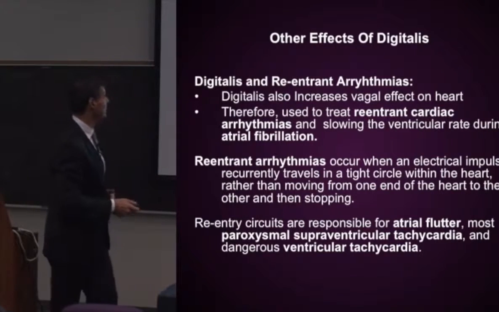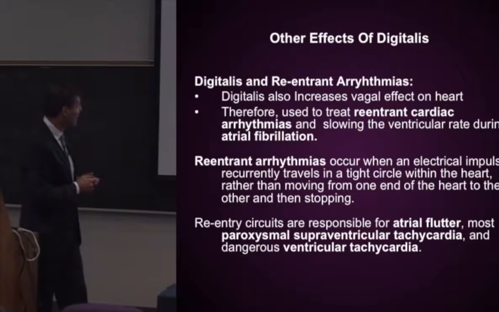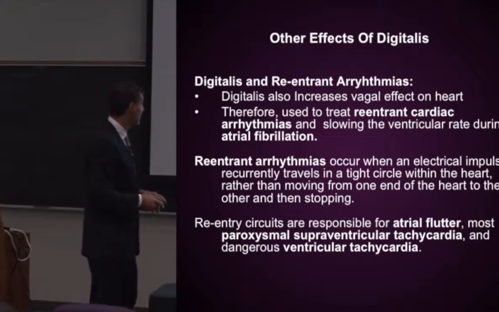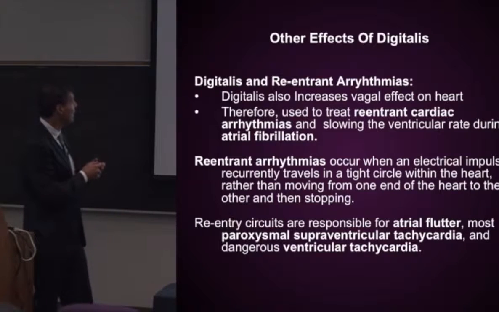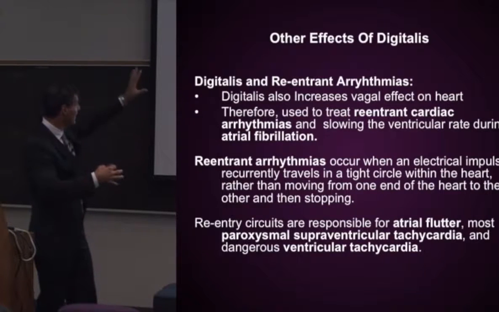By giving the person digitalis, you can tone that down and decrease the likelihood of atrial flutter and paroxysmal supraventricular tachycardia and other types of dangerous ventricular tachycardia. So digitalis can also be used because of its effect of increasing the vagus system and the parasympathetic system in treating these reentrant arrhythmias.